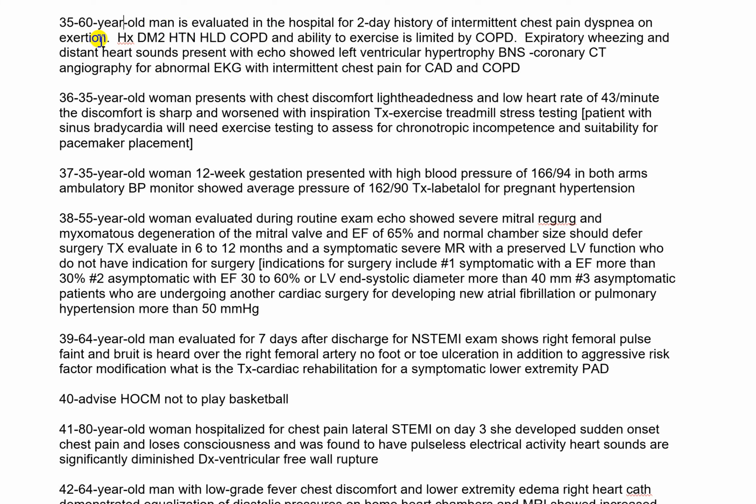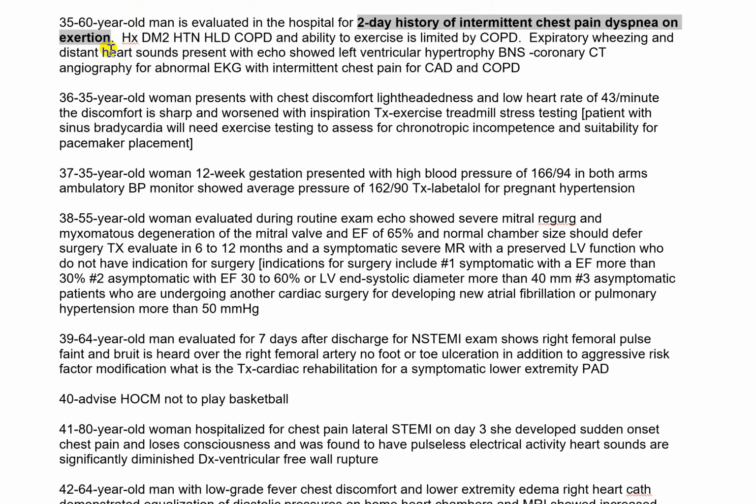Now we have a middle-aged gentleman, 60-year-old gentleman, with 2-day history of intermittent chest pain, dyspnea, and exertion, okay? Medical history of COPD, limited by COPD. Anyway, there's expiratory wheezing, distant heart sound, and echo showed left ventricular hypertrophy.